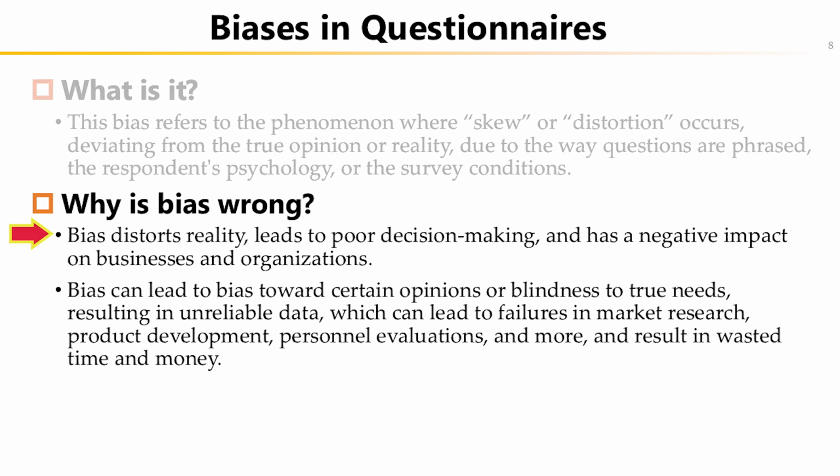Why is bias wrong? Bias distorts reality, leads to poor decision-making, and has a negative impact on businesses and organizations. Bias can lead to bias towards certain opinions or blindness to true needs, resulting in unreliable data, which can lead to failures in market research, product development, personnel evaluations, and more, and result in wasted time and money.